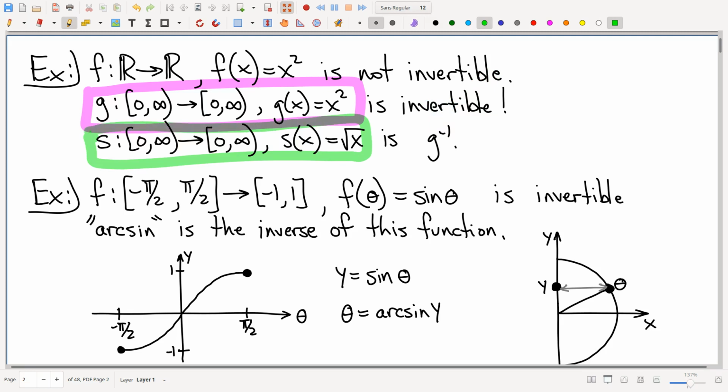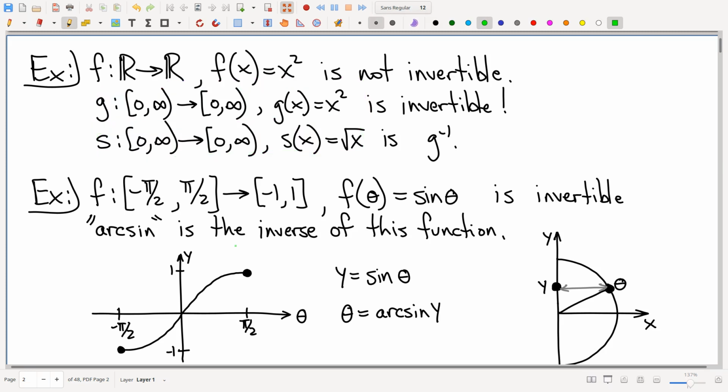So again, a lot of people misunderstand this. A lot of people think that the square root function is just the inverse of the squared function. No, it isn't. Easy counterexamples. You have to restrict your domain to make it invertible.